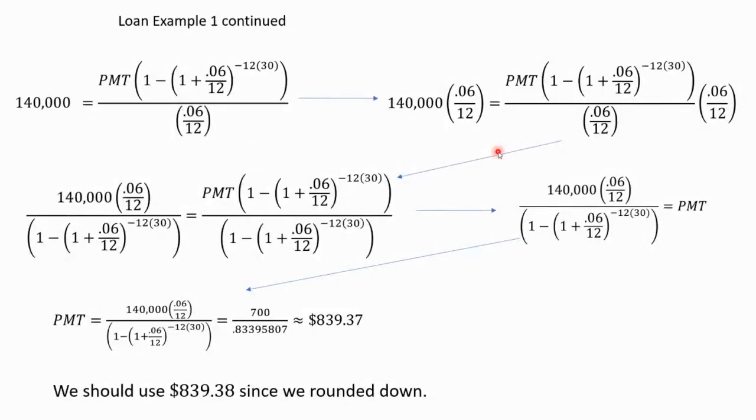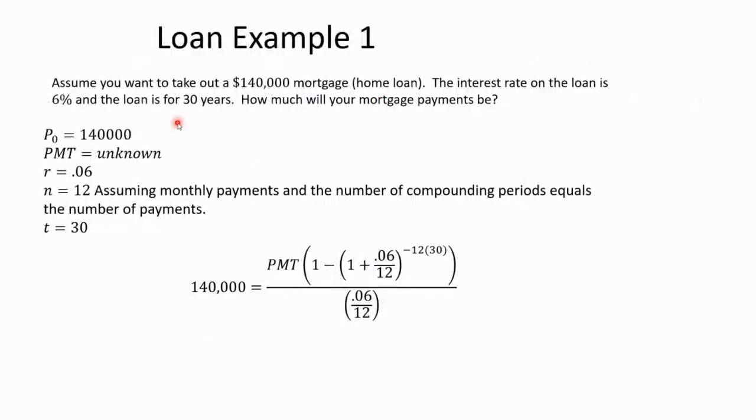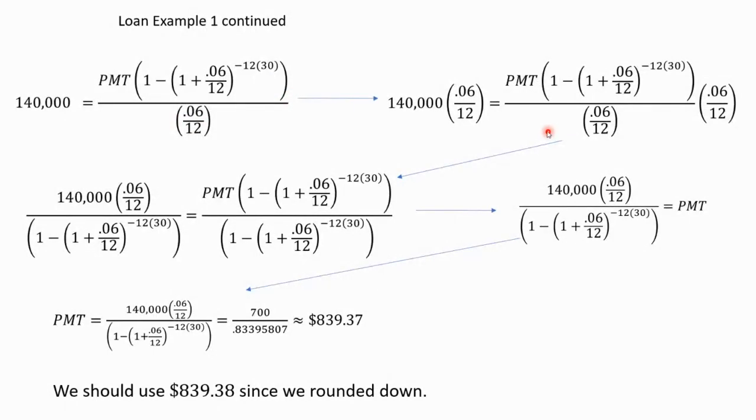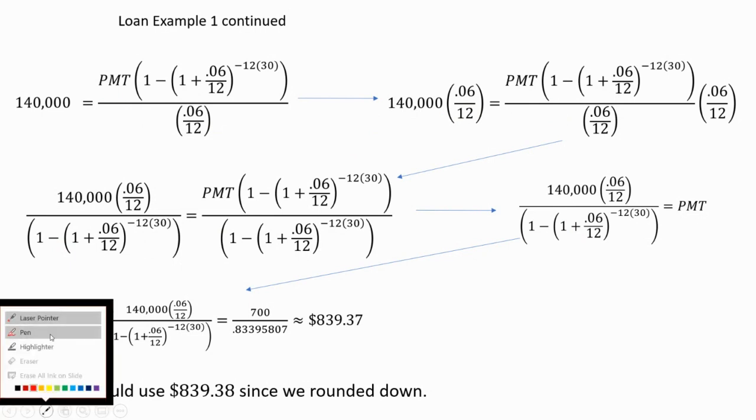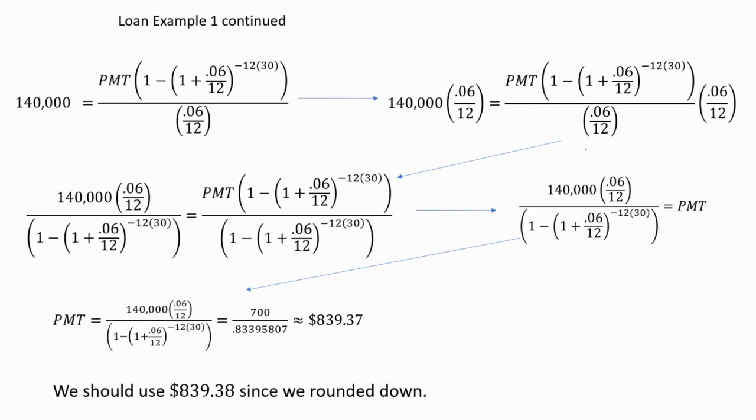So I did put in this data, okay? And I did try to show the calculations here, as you can see. Okay, so here, what I want to do is I want to solve for PMT, right? So what I'm doing first here, as the arrow indicates, I'm going to multiply both sides by 0.06 over 12, the denominator, right? We want to solve for PMT. And by multiplying both sides, this denominator goes away.